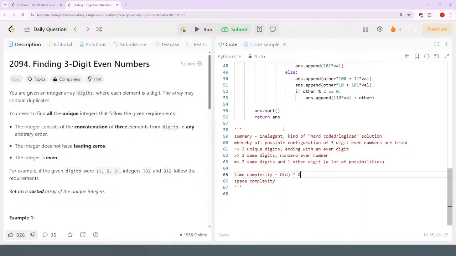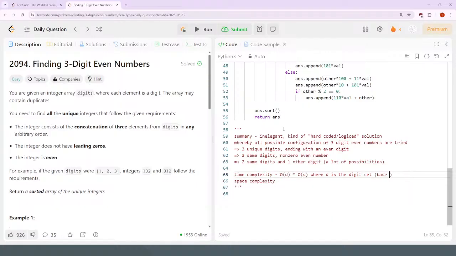And O of S, where D is the digit set, which is to say the total number of digits.